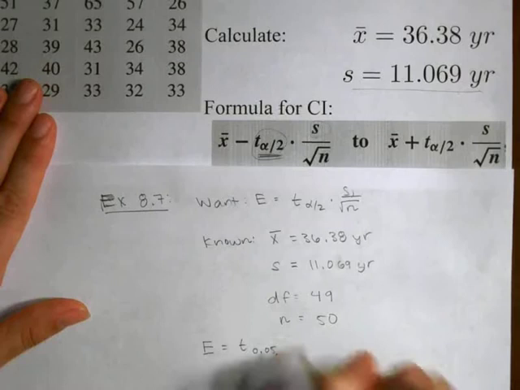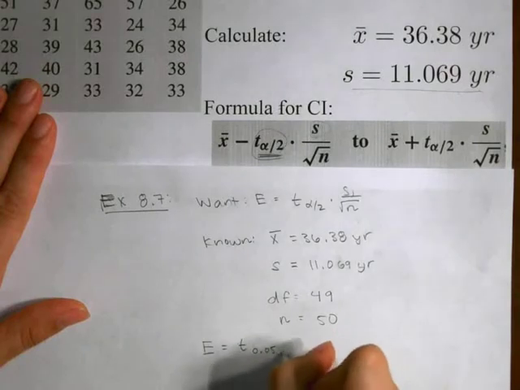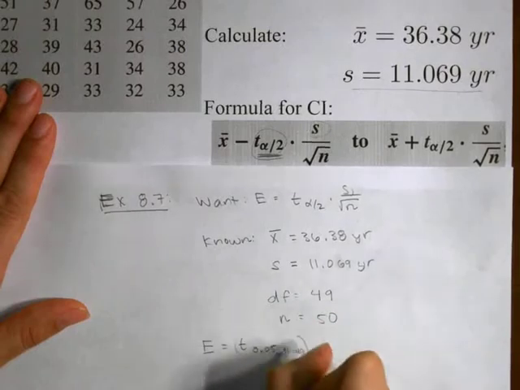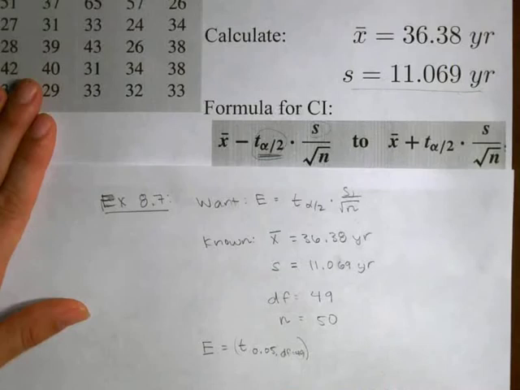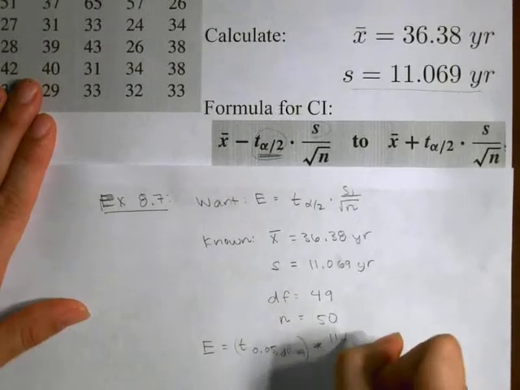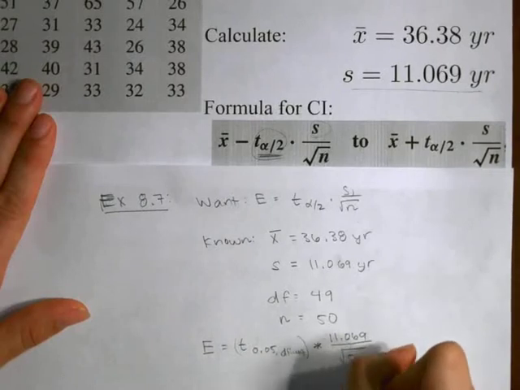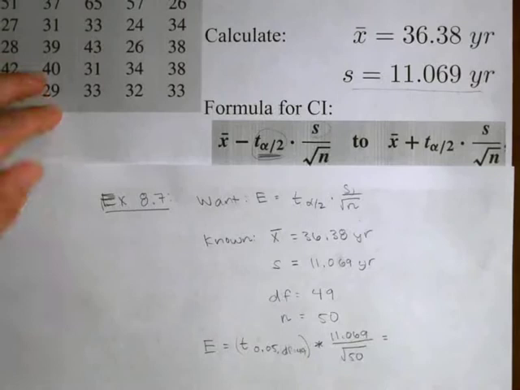So t of 0.05, and I'll go ahead and just write what the degrees of freedom are. So df is 49, just so that I know everything that I need to look this up on the table, times the sample standard deviation, which is 11.069, divided by the square root of 50.